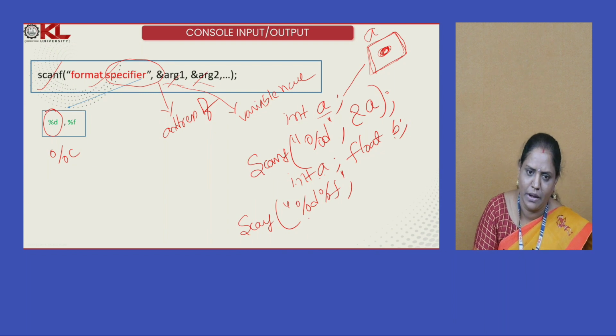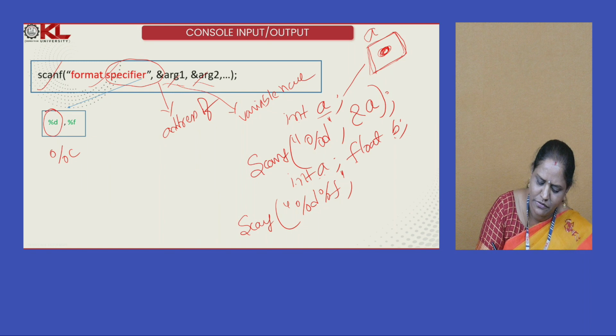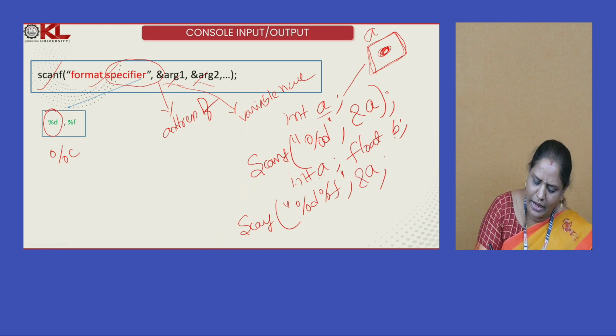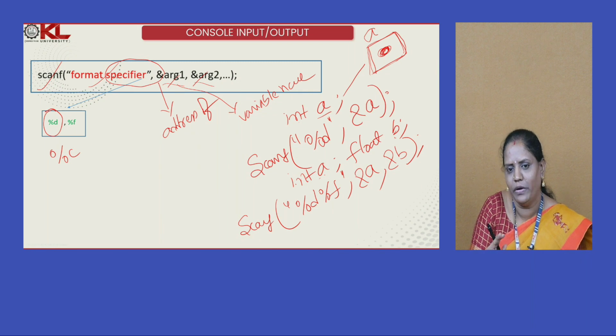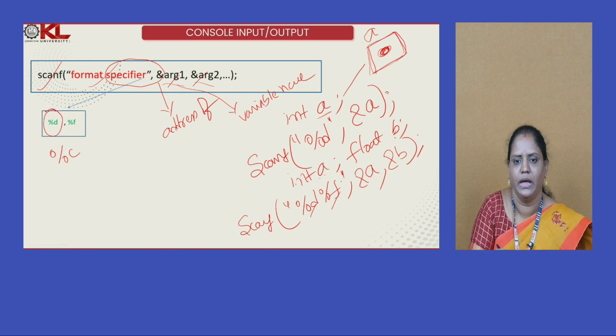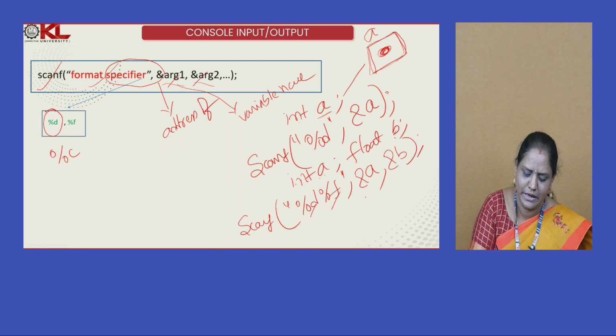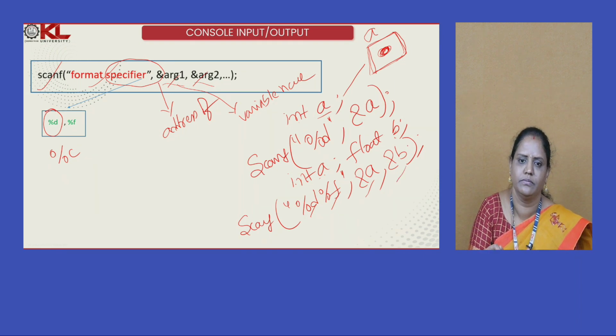For integer I use %d, and for float I use %f, and I use address of a and address of b. With this scanf we are instructing the compiler to get two values from the keyboard: one of integer type, stored in the address of a, and one of float type, stored in the address of b.